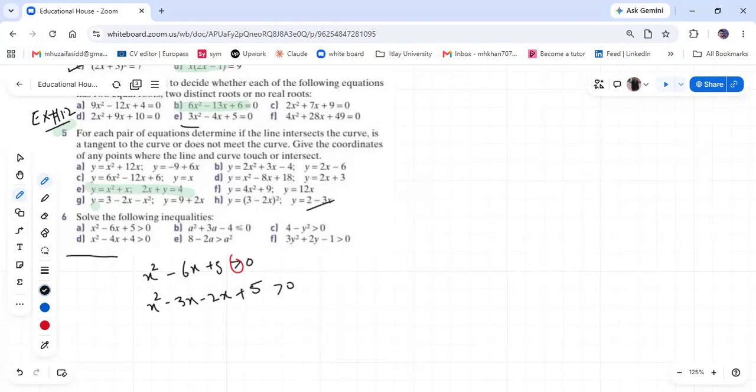If we are checking our pair, we need to check if this pair is okay or not. Here we are checking this pair: −3x and −2x. When we add it, this is −5x.